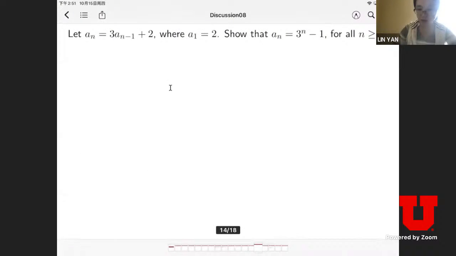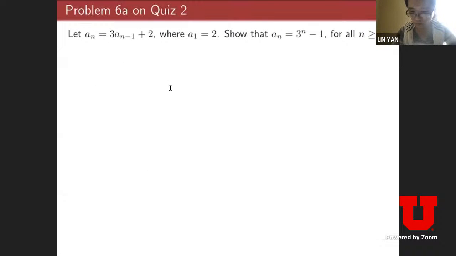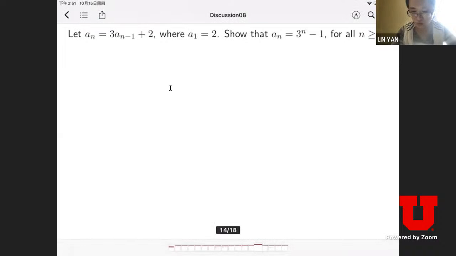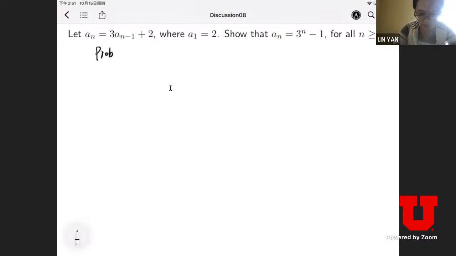Okay, let's go to the next question very fast. Still, we can use the inductive proof for this problem. This problem is 6a. So, problem statement.